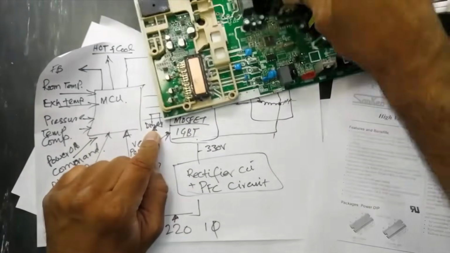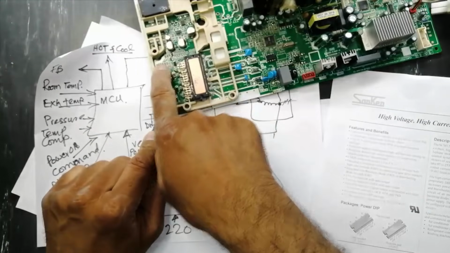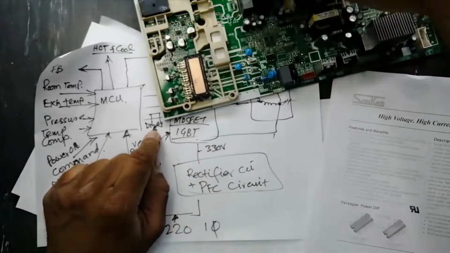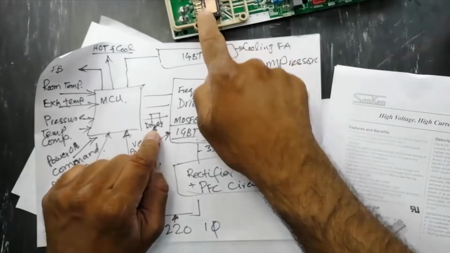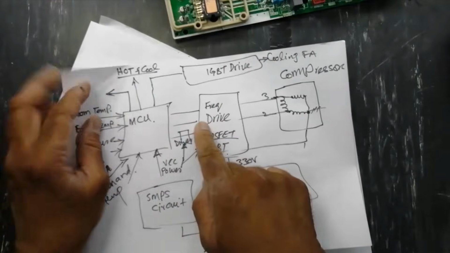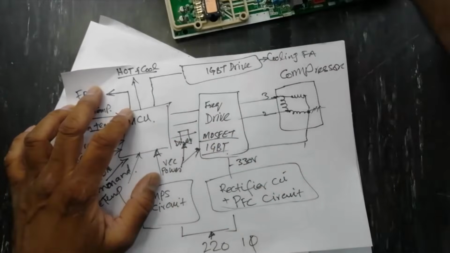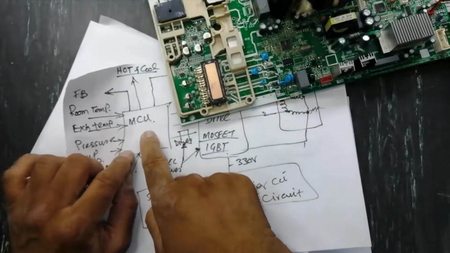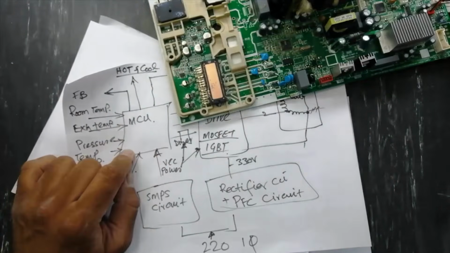The driver stage is here. These small ICs, IR driver ICs, 1, 2, 3, take VCC to drive this driver section. We need an MCU, a microcontroller.